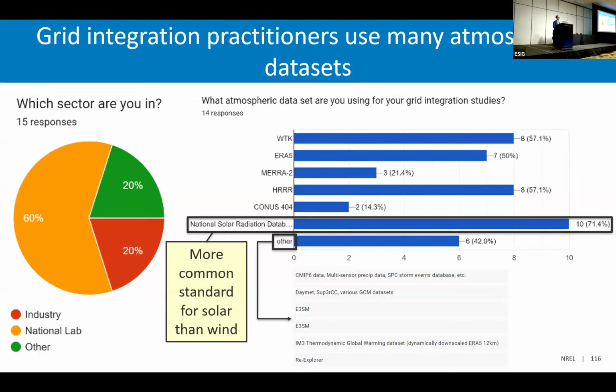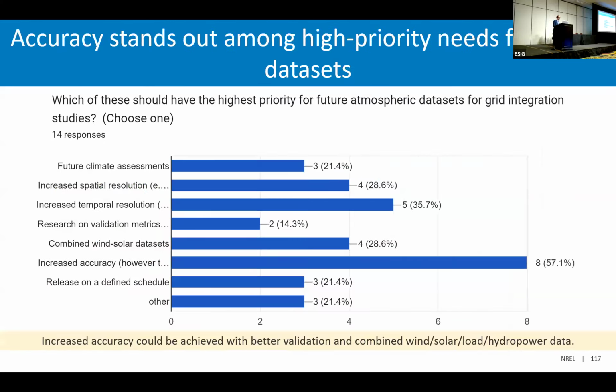Whereas folks were talking about the HRRR, we've already heard about the ERA5, the Wind Toolkit. So there's just not as common a standard for wind, which makes it a little harder to address all of the different issues that Justin was bringing up. That said, we tried to get folks to rank what they think is important for future data sets. And basically folks just said, make it more accurate, however you do it, we'd love that.